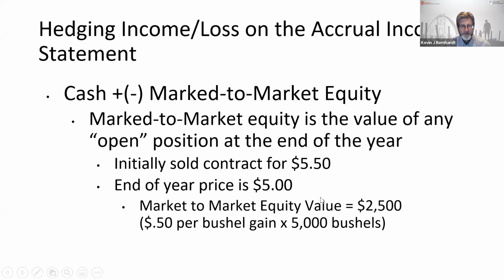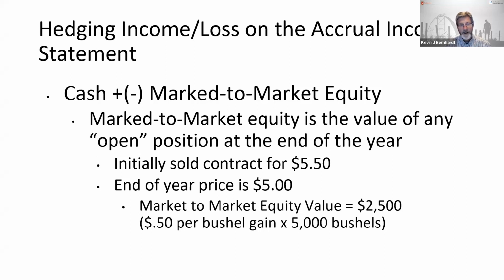So for example, if we initially sold a contract for $5.50 during the year, we get to the end of the year and we haven't closed that position out yet, then what goes on our income statement is the equity value of that contract. In this case, it's a positive $2,500 because we've earned 50 cents.